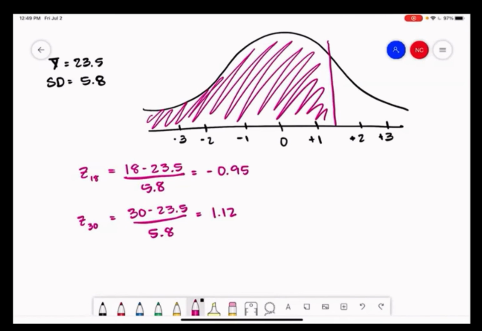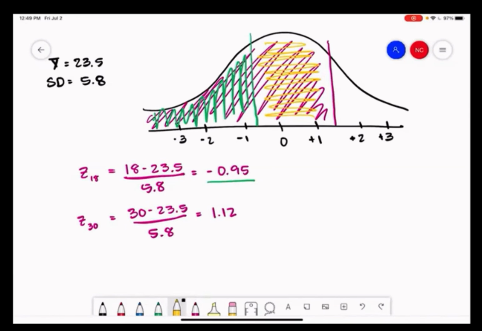The z for 18, however, we had a negative 0.95, so we're relatively close to 1, right? And that's going to give us the area to the left of that point. Or the probability we look up will be the area to the left of that point. So what we're trying to aim to do in this is to find this middle portion.